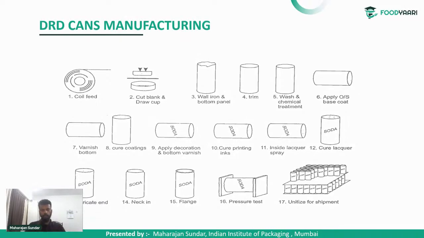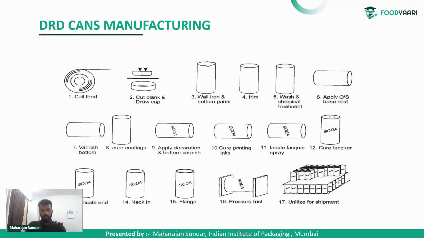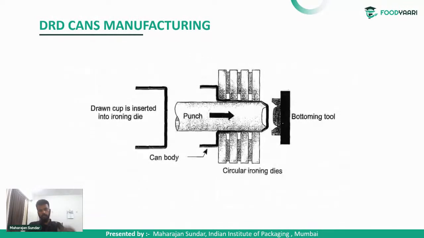The portion formed is the drawn cup. The second step we have seen, the cut blank and draw cup, is the first draw, and here the drawn cups are further drawn to give the body its total shape by using a punch, and a bottom tooling element is also present, which gives the shape of the container. It is usually used for beverage packaging.